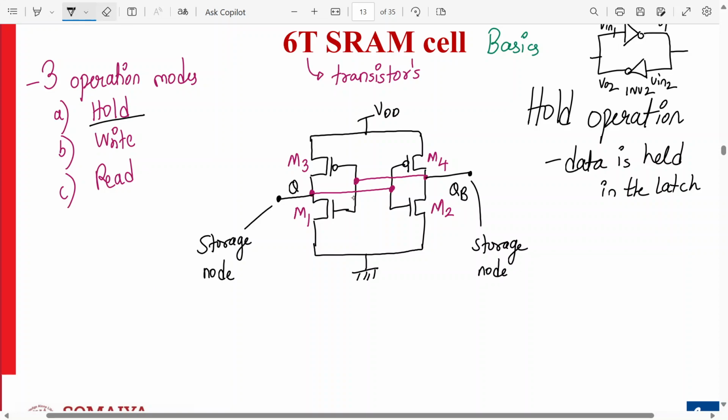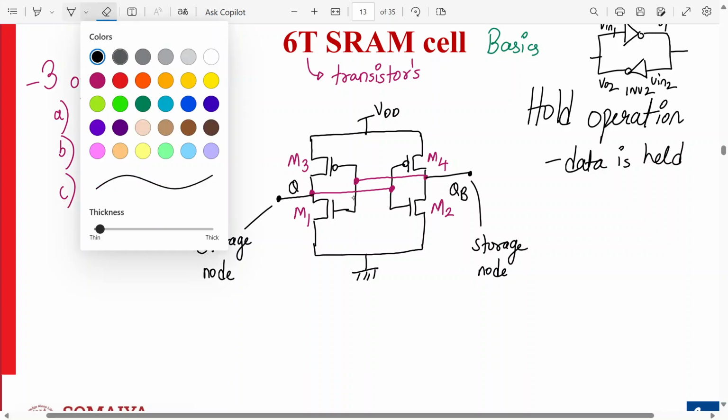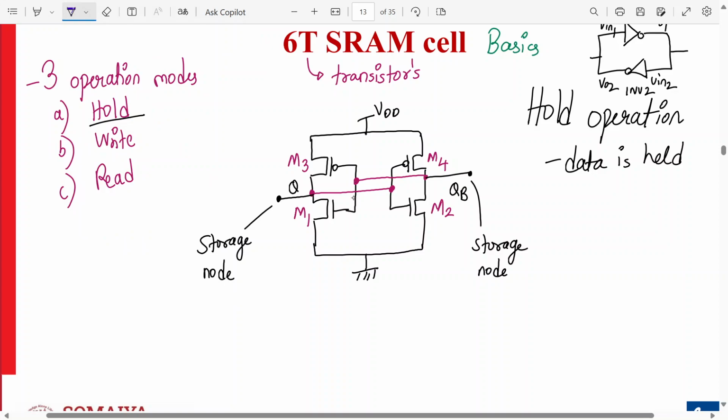Your data is being held in the storage node. So whatever data is there over here, it will keep on keeping the data as it is. So let's assume initially that 0 is stored in storage node Q. Okay, so node Q is storing 0.